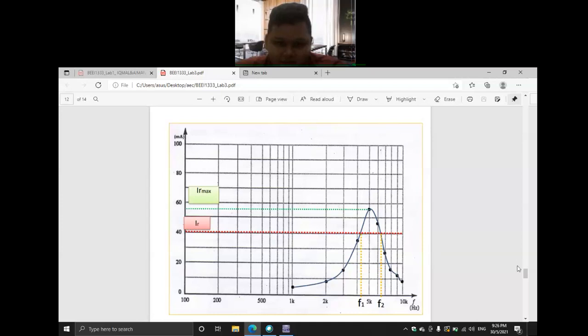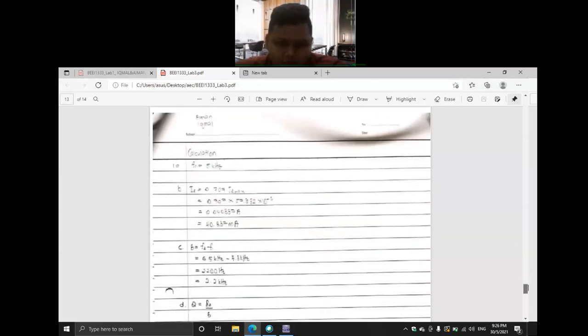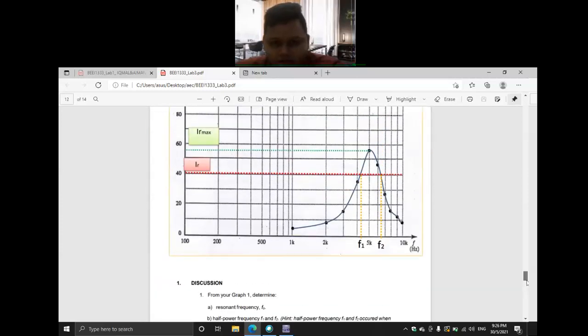For the IR max, we find it from the value of the 5 kilohertz current.